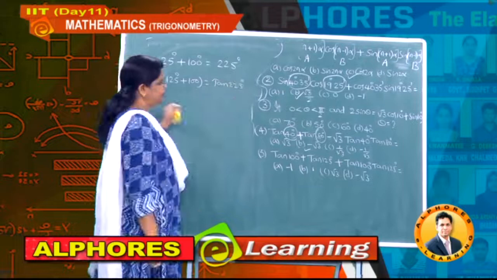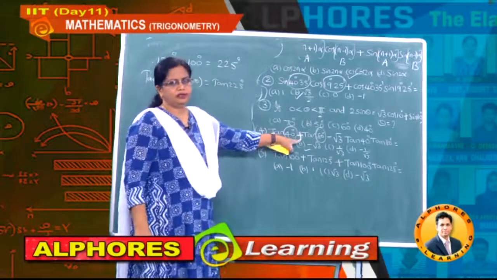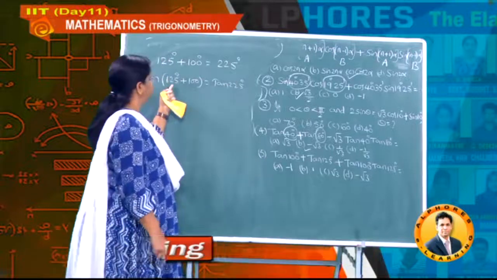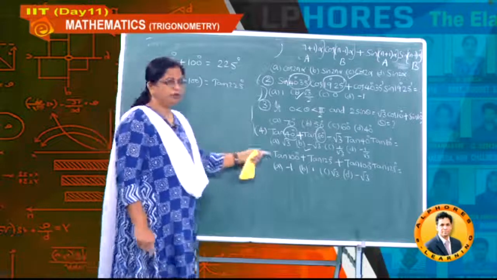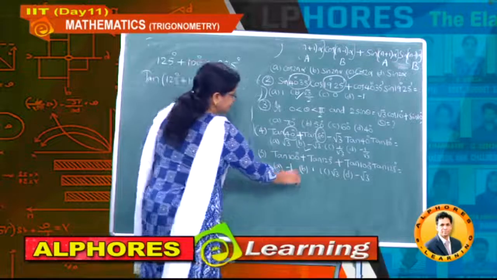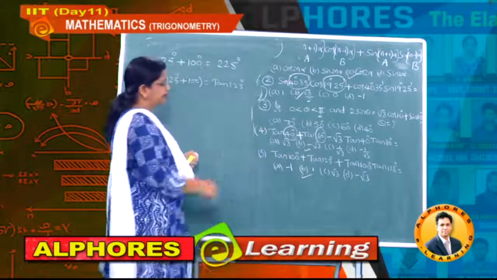As I said, in between plus symbol is there, so you should start the problem by taking the sum of the angles. And now the procedure is the same, so that you can obtain the value as option B, that is 1. So students, these are some problems which we have done now.